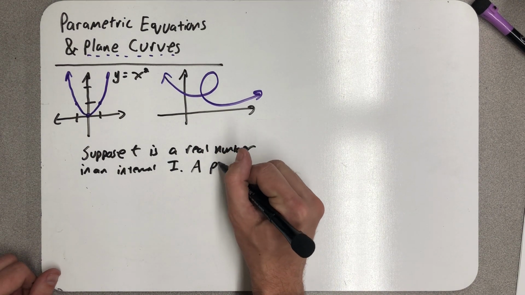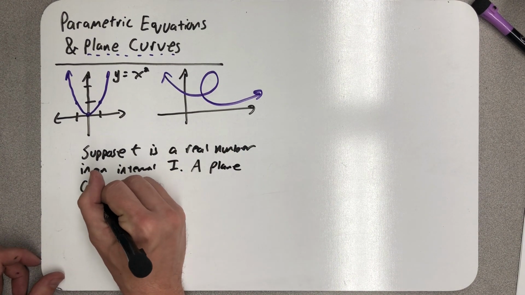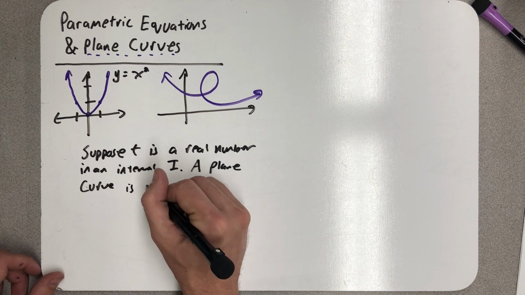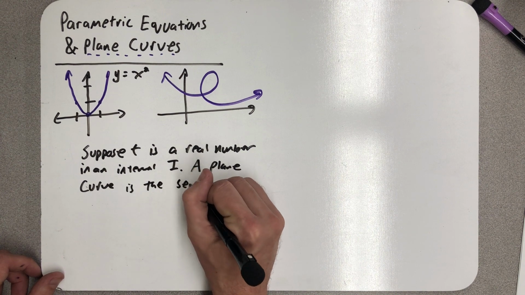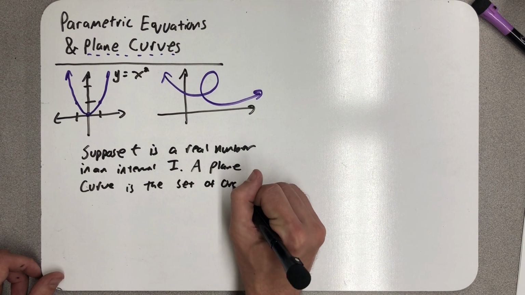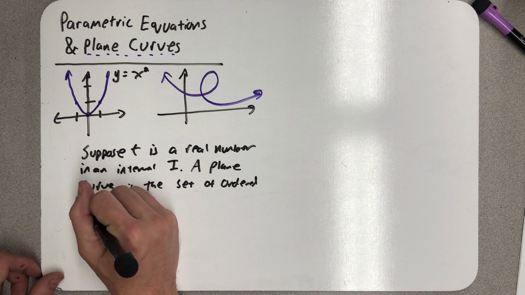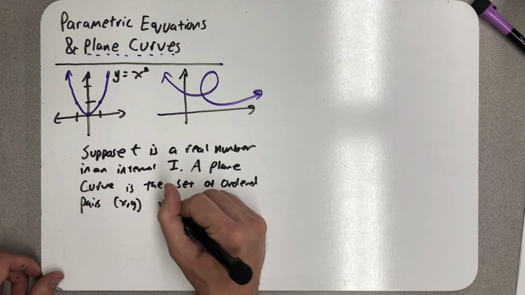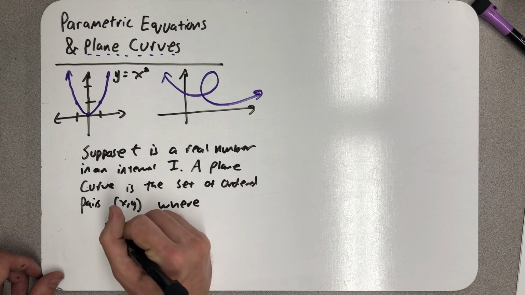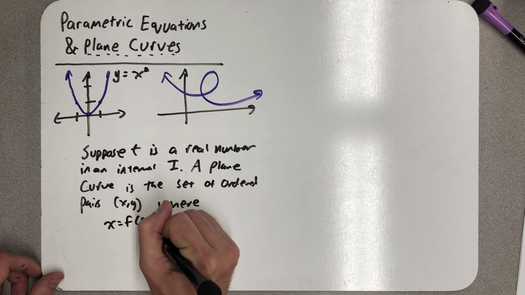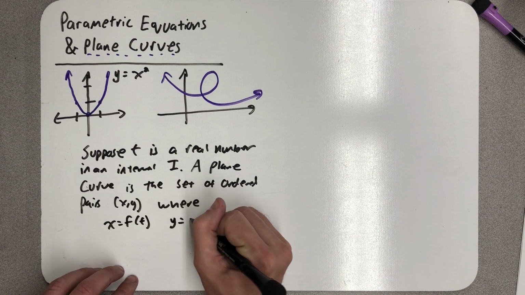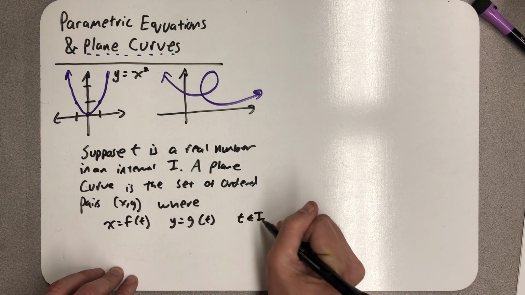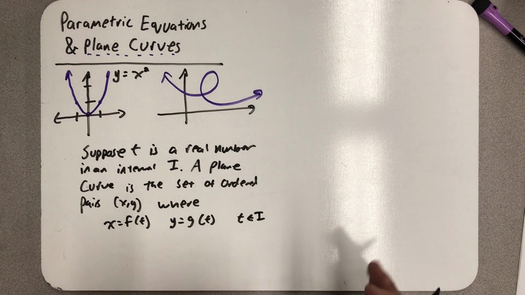A plane curve is the set of ordered pairs x comma y, where x equals f of t and y equals g of t for t on that interval I. And so here's a set inclusion symbol. T is in I.